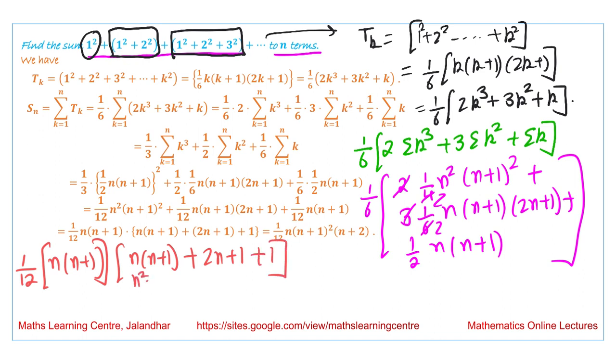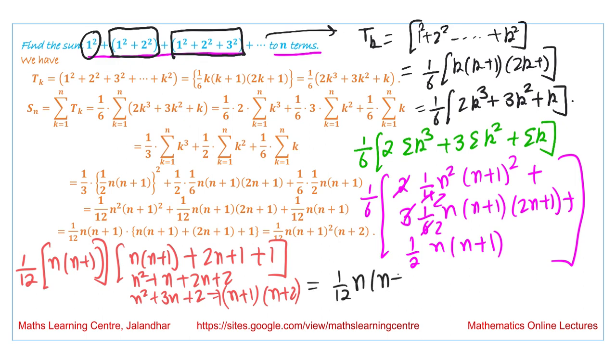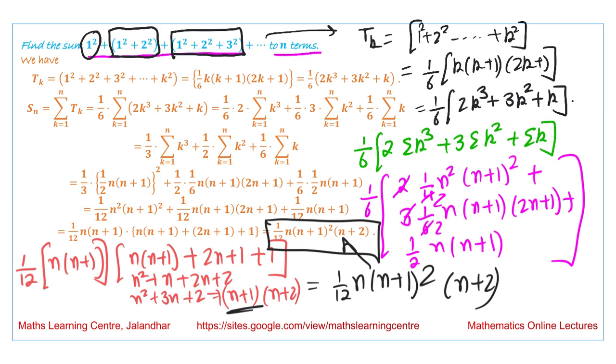This is n square plus n plus 2n plus 2, which is n square plus 3n plus 2, which is n plus 1 into n plus 2. So the final answer we obtain is 1 by 12 n into n plus 1 square into n plus 2. This is the sum of the first n terms.